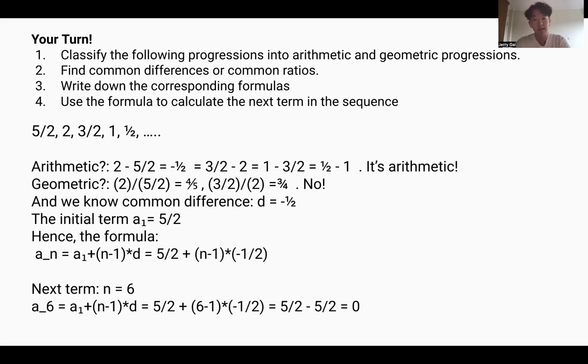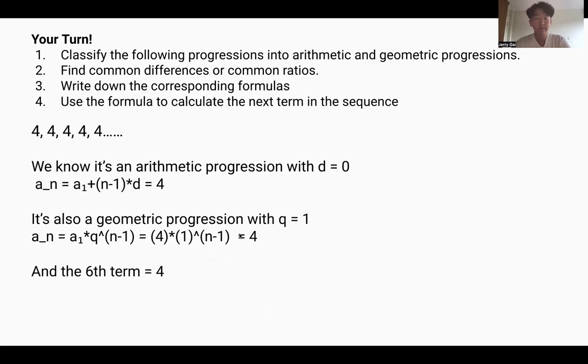Finally, we get a6 is equal to 0. The last question is both arithmetic and geometric. For arithmetic, it has a common difference of 0, and for geometric, it has a common ratio of 1. It's pretty easy.